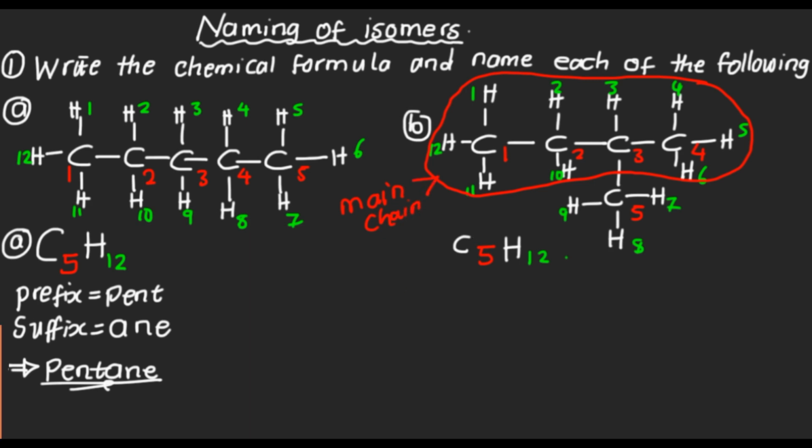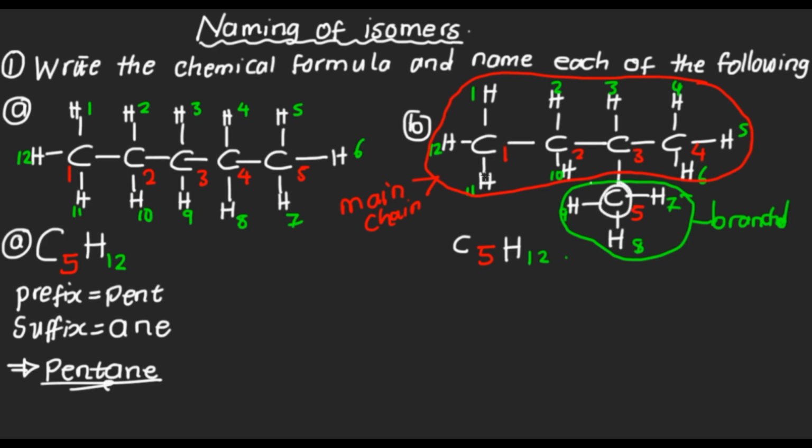Then upon identifying the main chain, we can now look into the branch. So this is the branch. So we need to name them separately. Then after that, we are going to combine the names. So I'm going to start with the branching. For branching, we need to look at how many carbons we have in the branching.